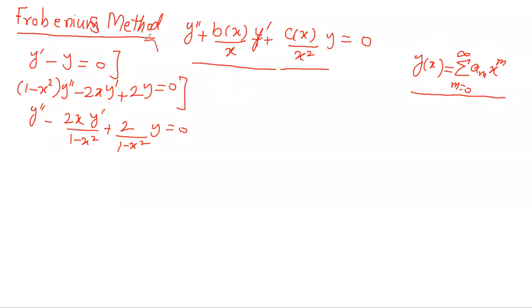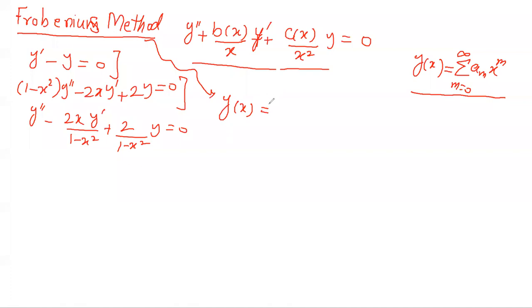So for this, we have the Frobenius method. The Frobenius method says that if we have this kind of situation in which any of these two coefficients of y prime and y are not analytic, then we can find its solution by this series.